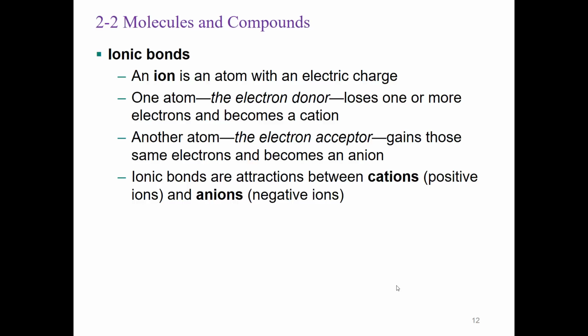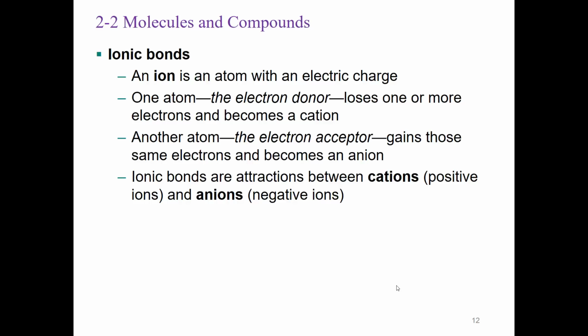And when it gives away those electrons, remember electrons are negative, so if it gives away negativity, it's going to become more positive than it used to be. So that means it will become a cation. A cation is a positively charged atom. Remember, when we give away an electron, that's going to make us more positive than we used to be, so we're going to have now a positive charge.